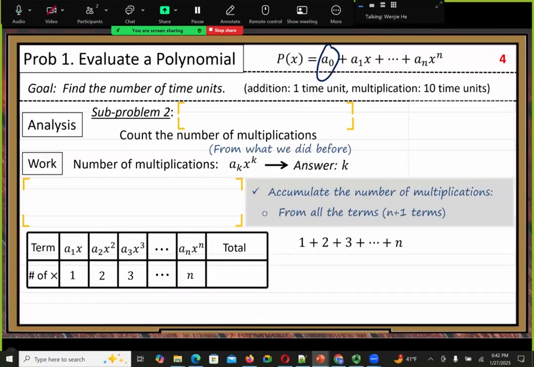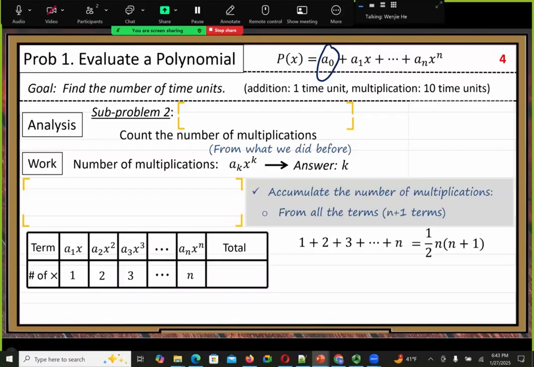What's that formula? Do you know that formula? There is a famous formula for that: 1/2 times n times n plus 1. That's the formula.